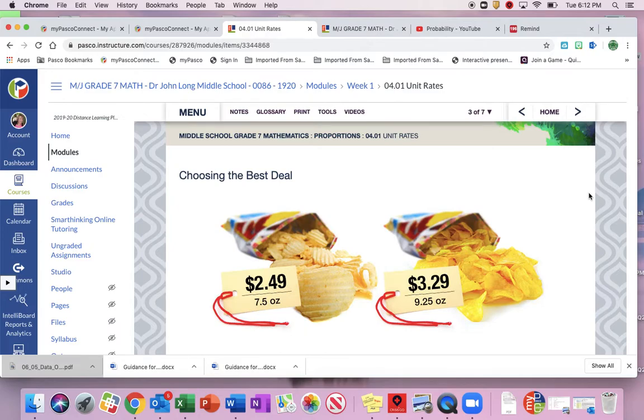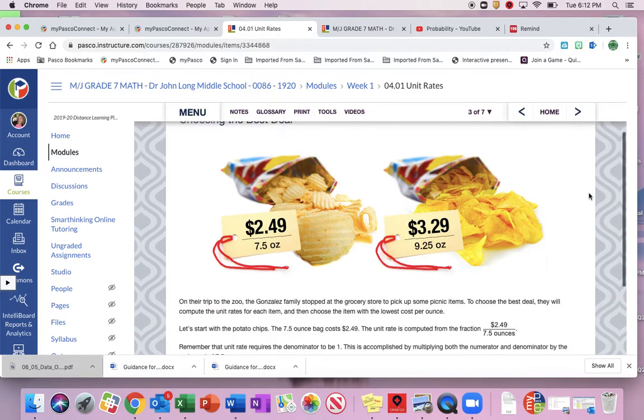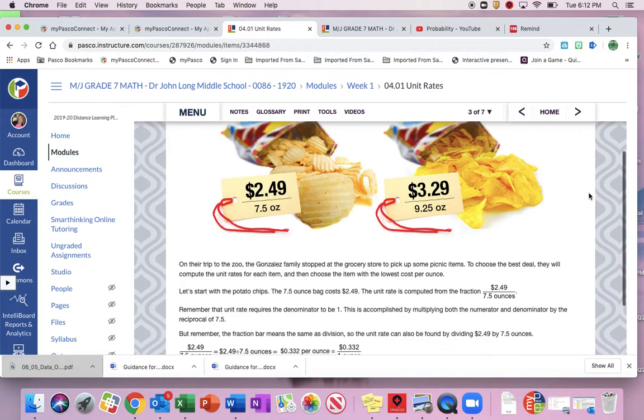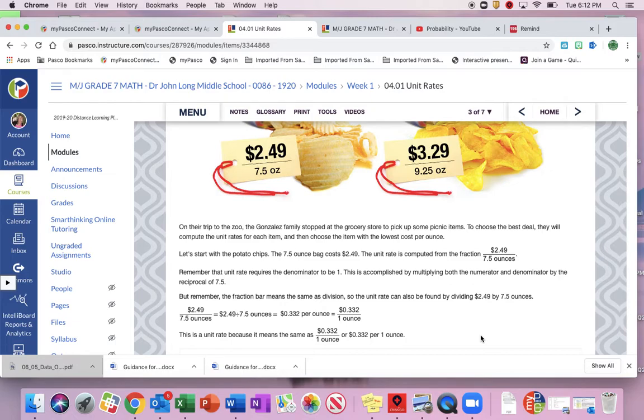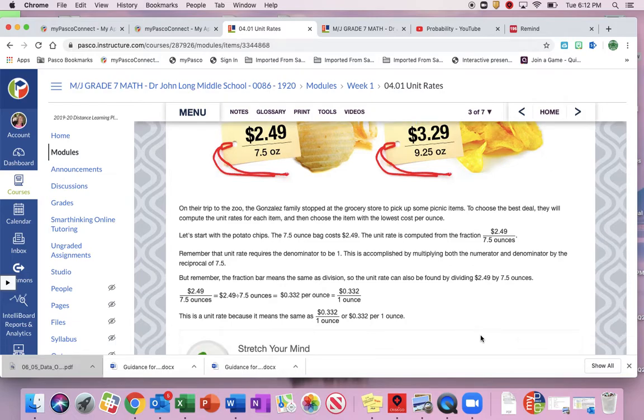Unit rates are also useful when you are trying to find the unit price, the better buy, the better deal. And so we are looking at potato chips on the trip to the zoo. And I've always talked about PDQ, meaning price divided by quantity. That's how you would put things in order into your calculator.